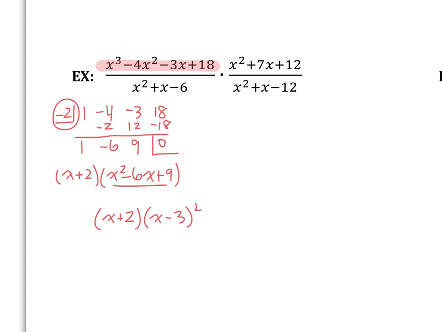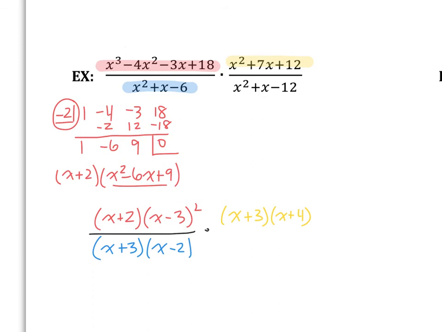All right, now continuing on and factoring the rest, this next one, x squared plus x minus 6, hopefully we recognize how to factor that. We're going to have x plus 3, x minus 2. Continuing on and factoring x squared plus 7x plus 12, we will get x plus 3, x plus 4.